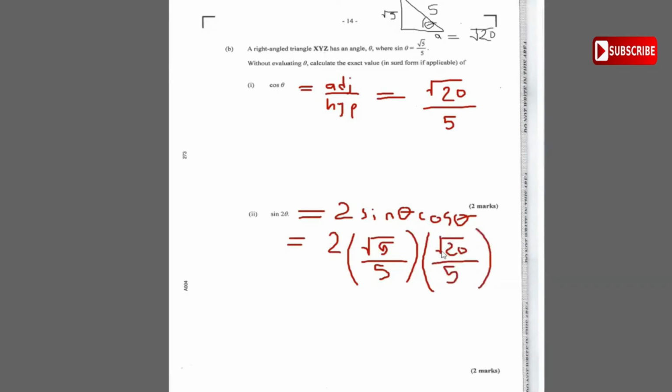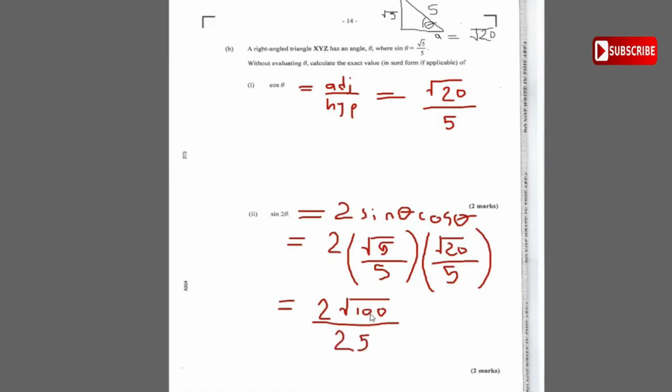So √5 times √20 is √100, and that times 2 gives 2 times √100 over 5 times 5. 5 times 5 is 25. I think I can simplify it.